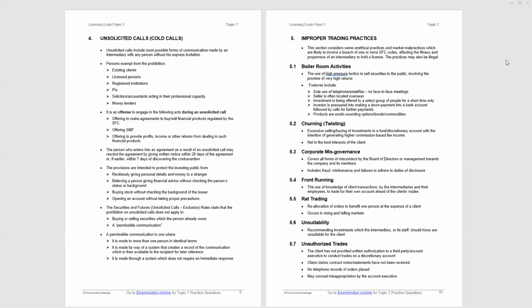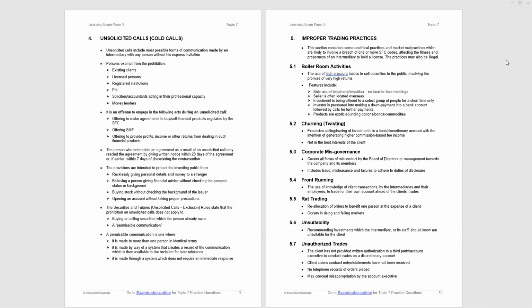Okay, there's some other bits and pieces that are covered, and I would be aware of those. Improper trading practices under section 5, they list the different improper trading practices. How would this be examined? Two ways. First way is that they ask you which of the following are market misconduct, and they will list maybe one or two from the six categories of market misconduct, and then they'll throw in some improper trading practices.